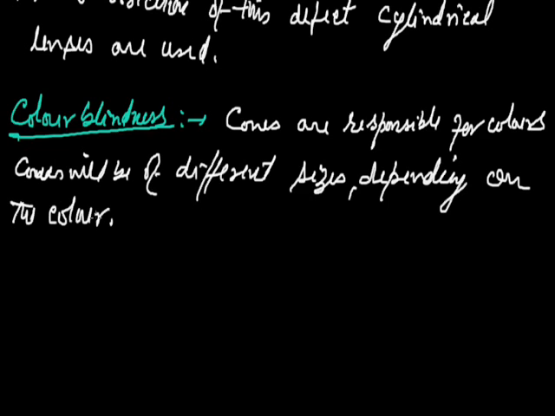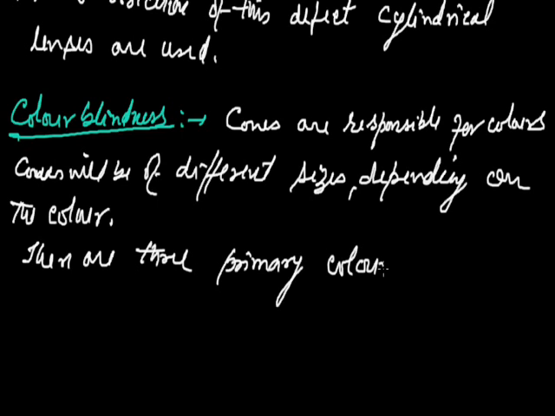There are only three types of cones, responsible for the three primary colors: red, blue and green.